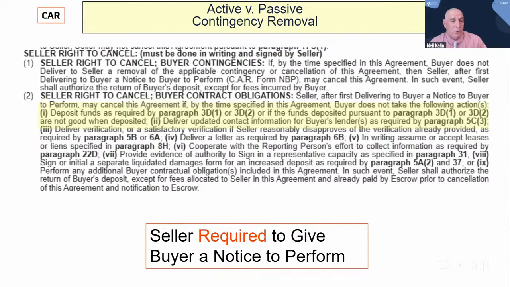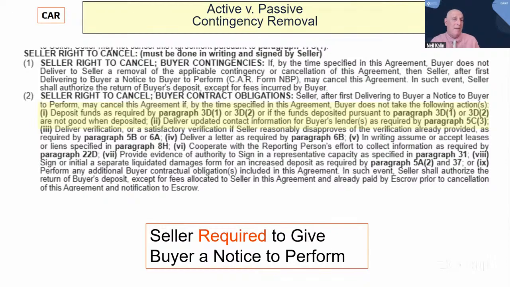When I started working on forms 30 years ago, CAR basically had the passive removal of contingency method. Then we discovered that there were different practices in the state. Some parts of the state were using passive, some parts were using active.